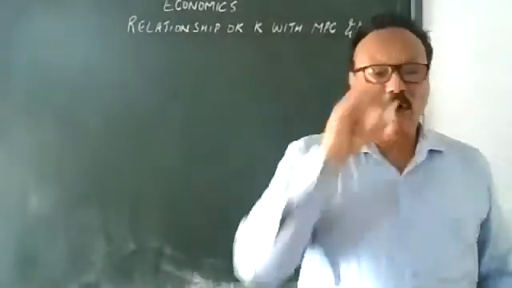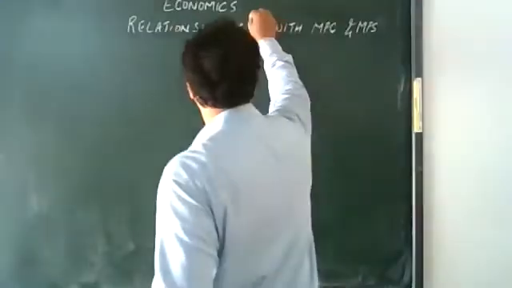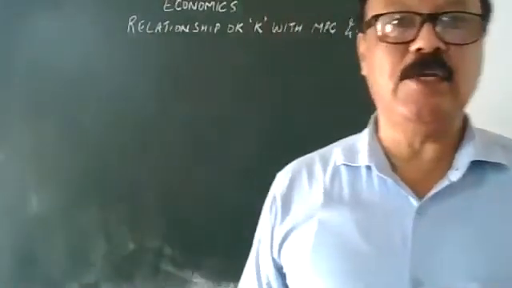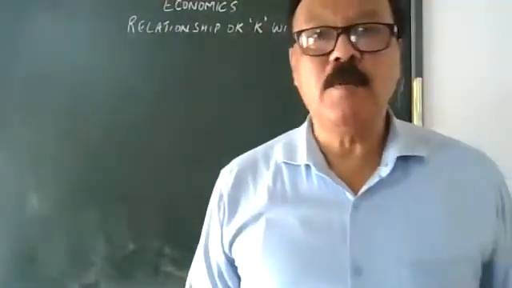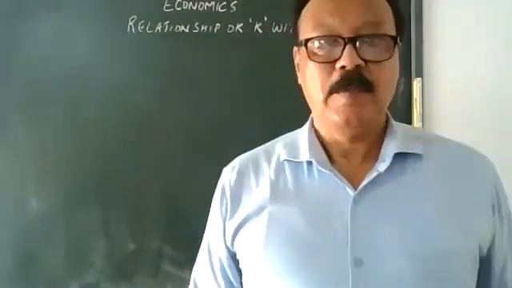The relationship of K, that is the multiplier, with MPC and MPS, marginal propensity to consume and marginal propensity to save. Write down.